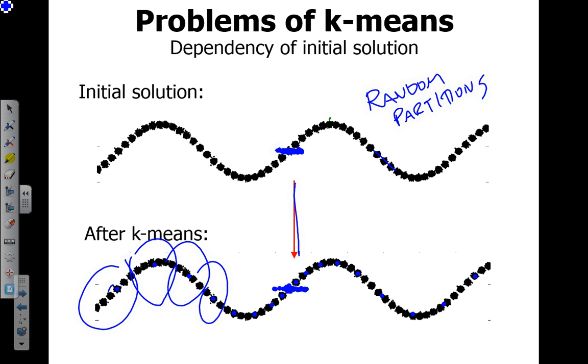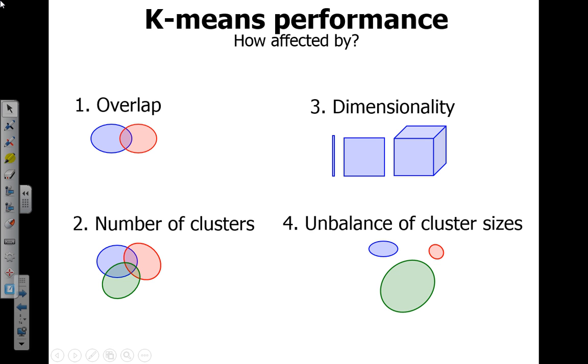But because this structure has limited dimensions, basically a one-dimensional curve that all the data points are following, it doesn't allow enough centroids to move there, and we will have lots of centroids remaining here. So it also depends on how good the initial solution is. This is another problem of k-means.